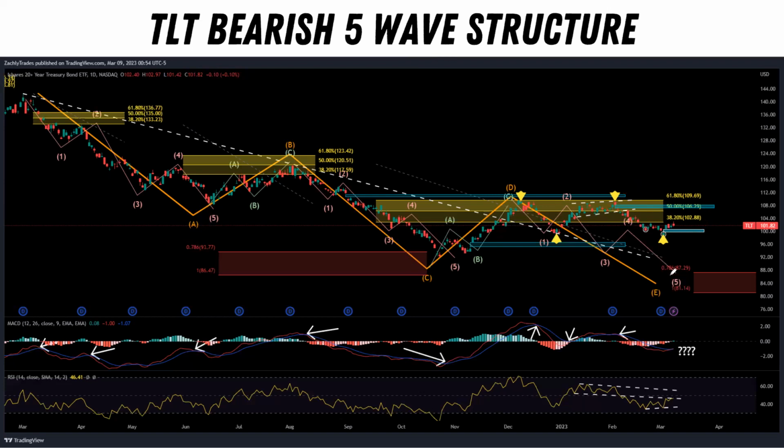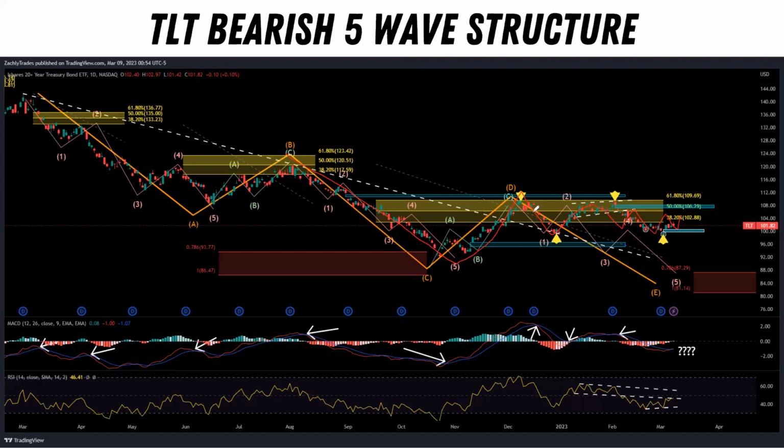Right, in the overall picture, I'm still tracking this 5-wave pattern to the downside, but just like we use the Fibonacci's, okay, to spot trend continuation, you can also use it to spot trend reversals. So a reversal would look like this: a move down, a retracement, and then consolidation, and ultimately a breakthrough of those retracement levels. So if you take a look, we've had this move down, and then we're retracing through this area and consolidating.